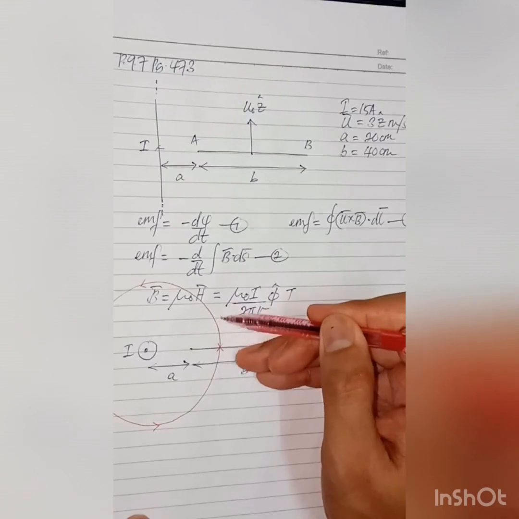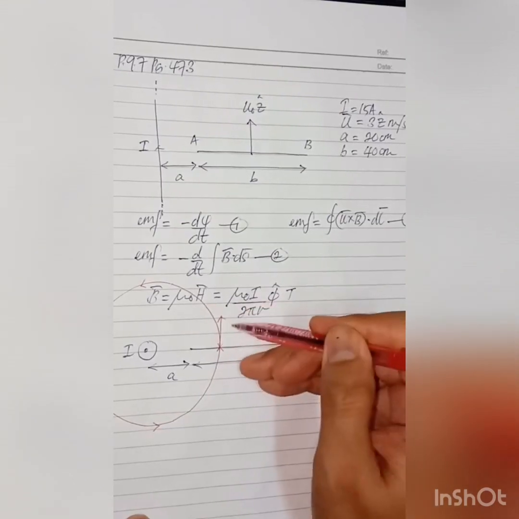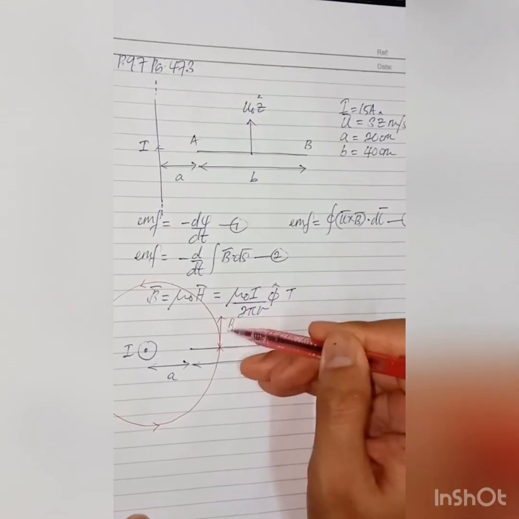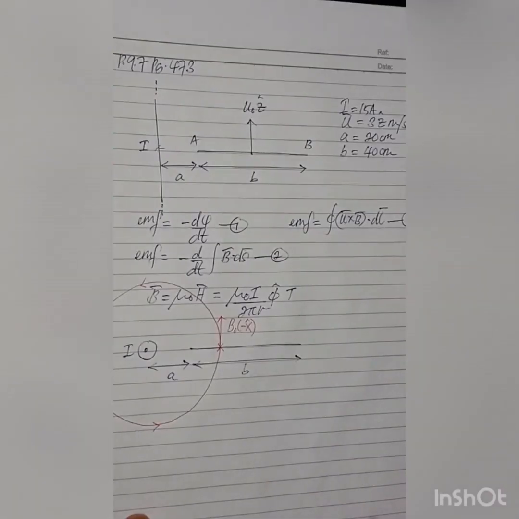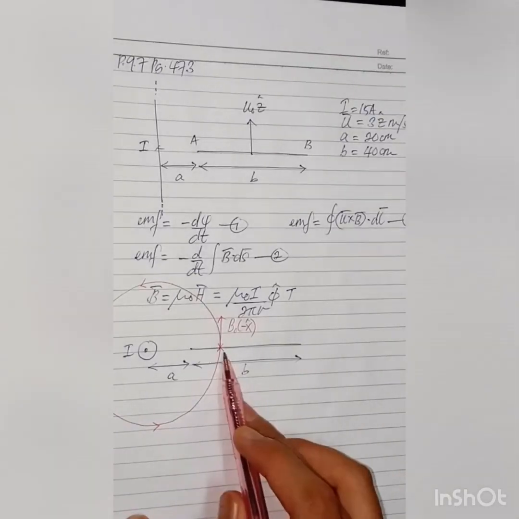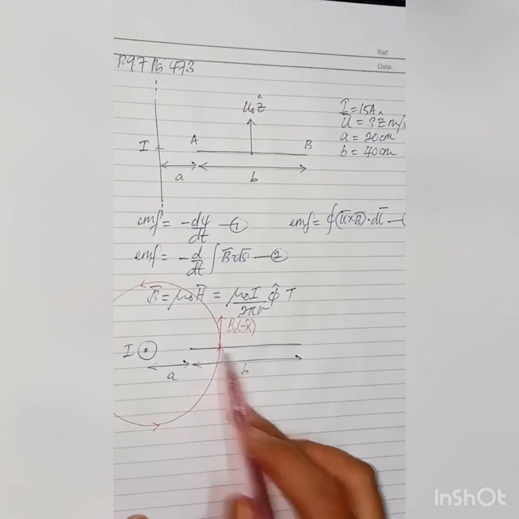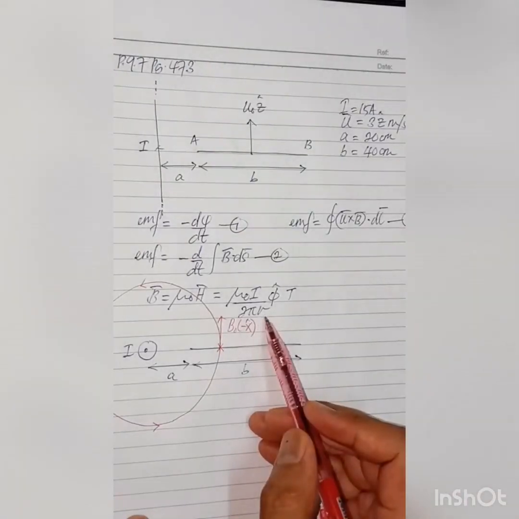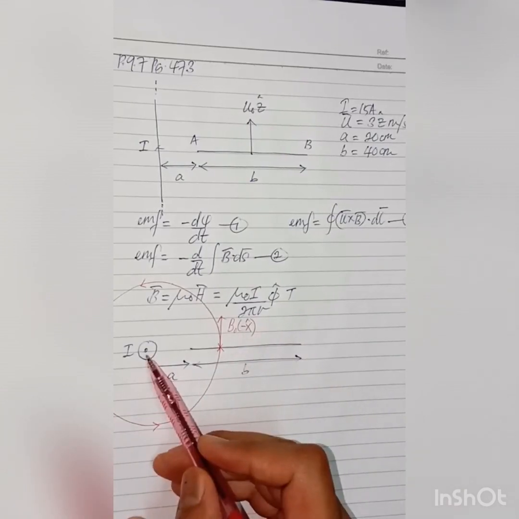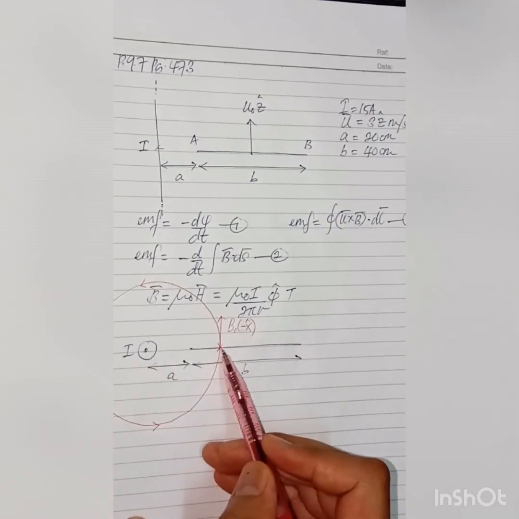Let's say B naught, of any magnitude, in that direction. That's our B field passing through this tangential point of interest. We also know that r here is the distance measured perpendicularly from the line current to the point of interest.